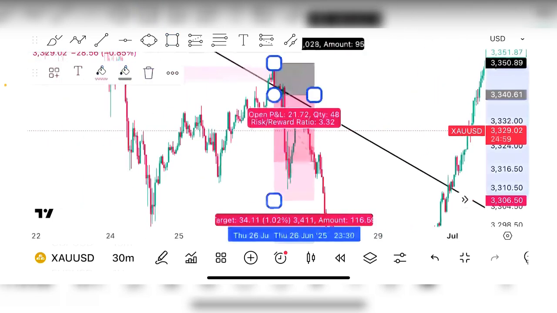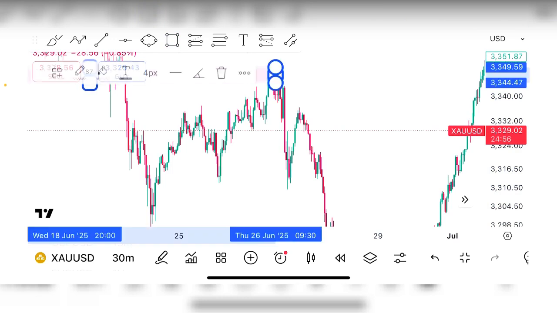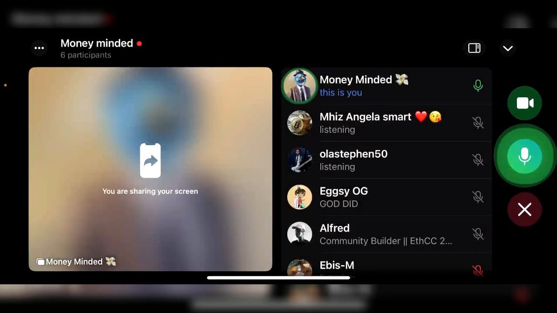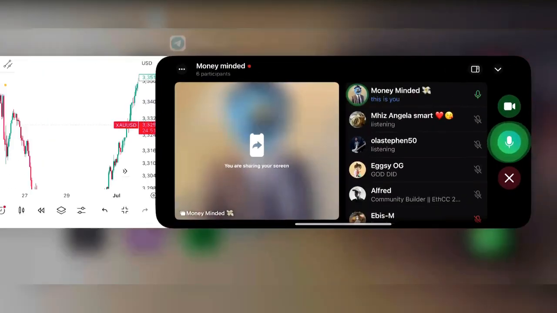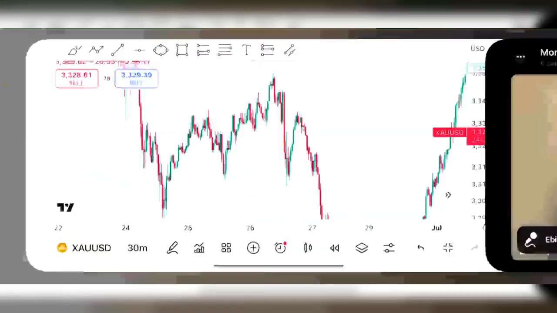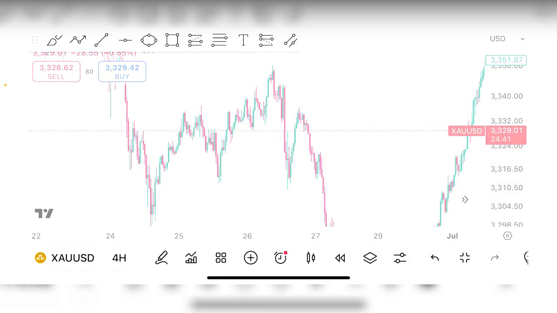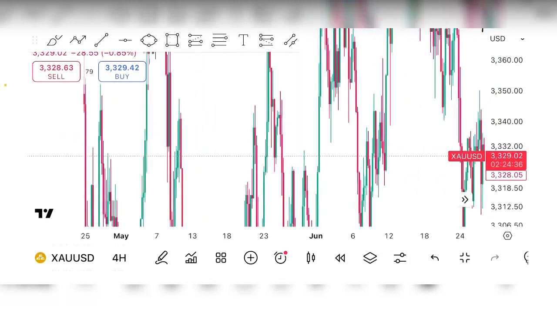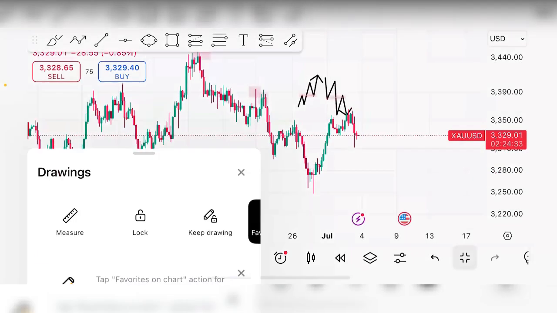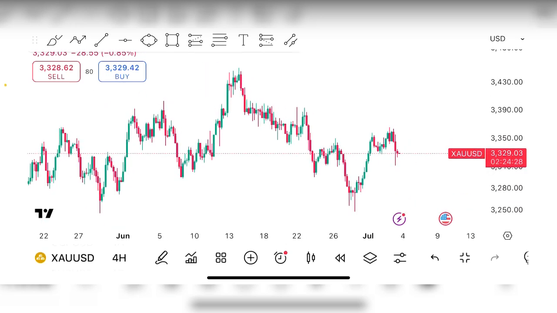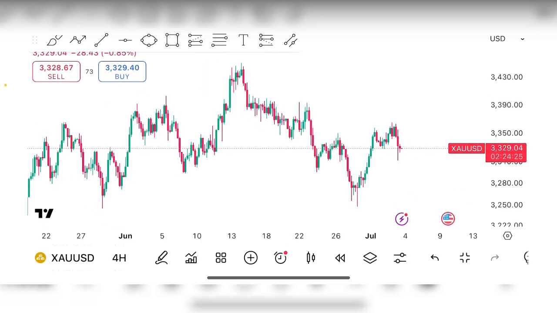So let's proceed with another resistance example, before we go into the support example. So back to the 4 hour time frame. On the 4 hour time frame, I said you first have to track the trend before you go down to the 30 minutes or 15 minutes.